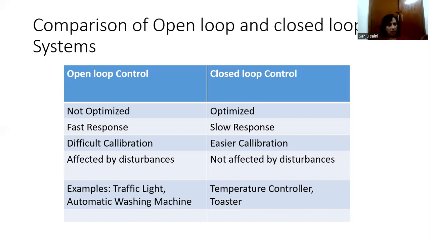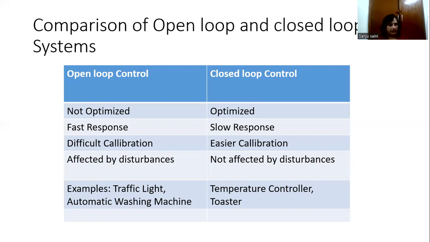It will be on for a few seconds, then we will have a yellow light, then a green light for a few seconds. Those traffic lights never used to take care of the traffic coming from all the sides. So that conventional traffic light constitutes open loop control. They are just giving the input: input is given to the red light for a few seconds, then to the yellow light, then to the green light.